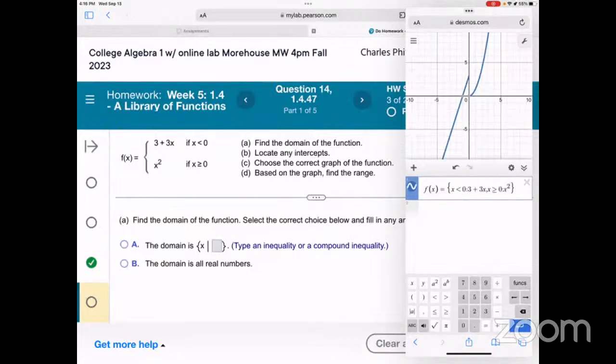Okay, let's try to add some more features. For that first line, we need an open circle when x is 0. So we want to plot the point 0, 3. But then how can I change the formatting?